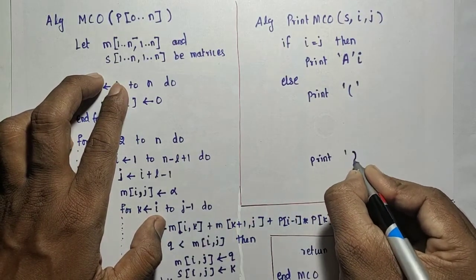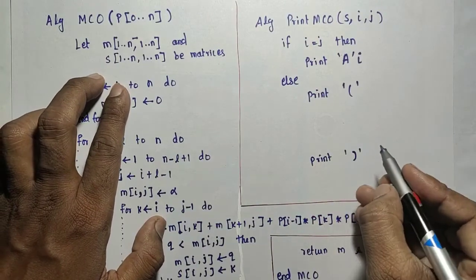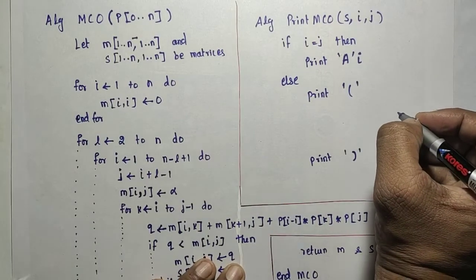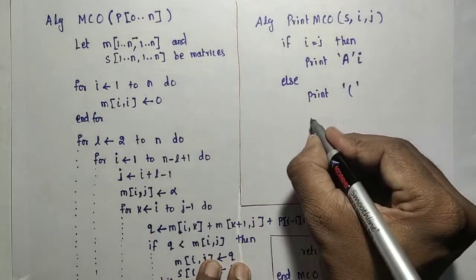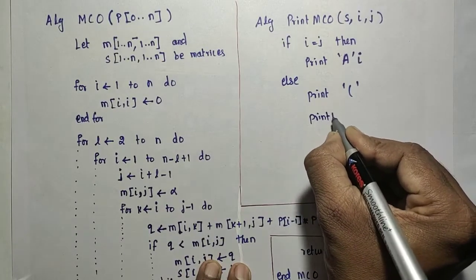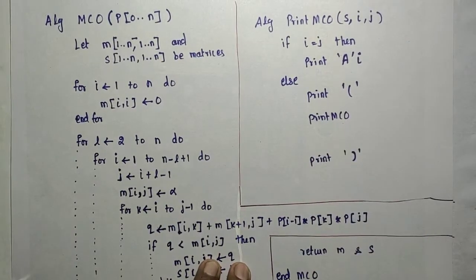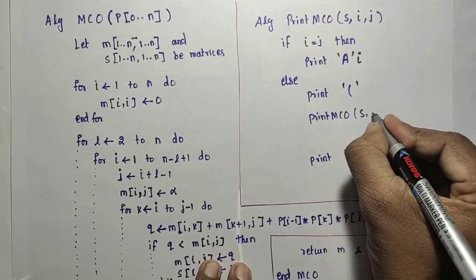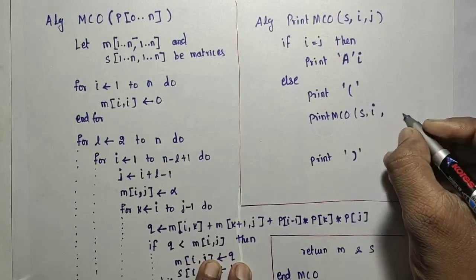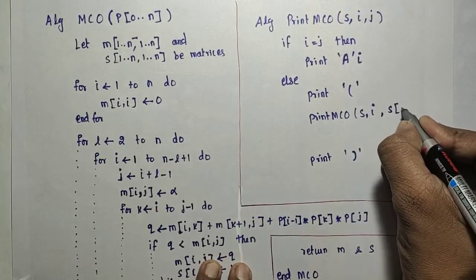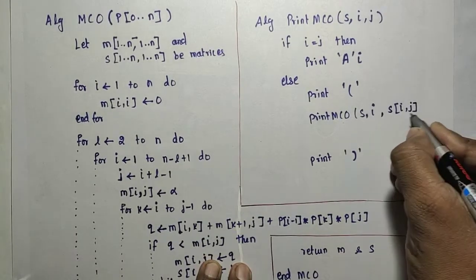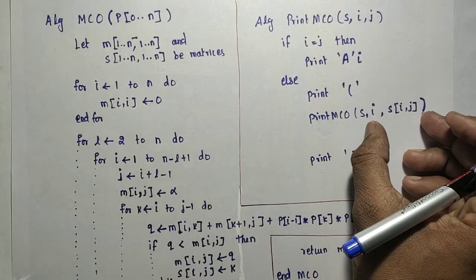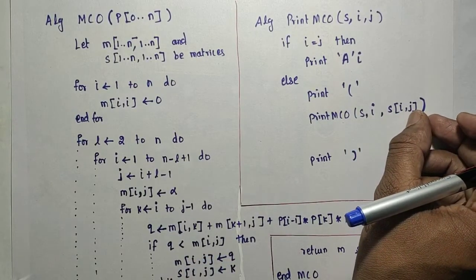In between, we need to call Print MCO of s comma i comma s of i comma j.